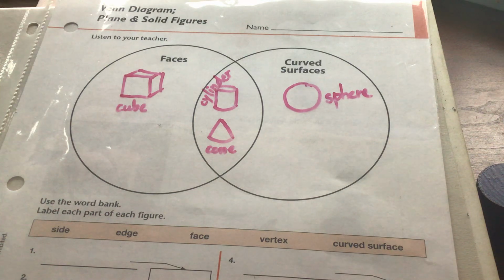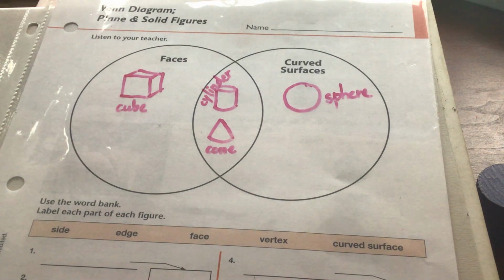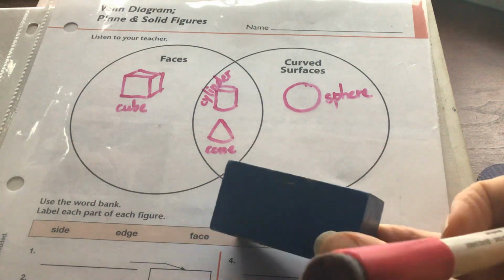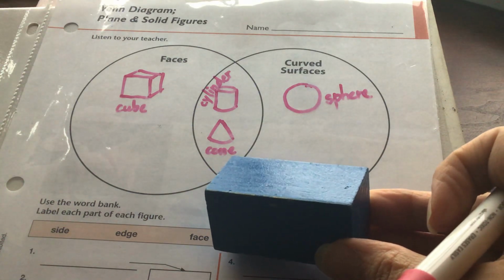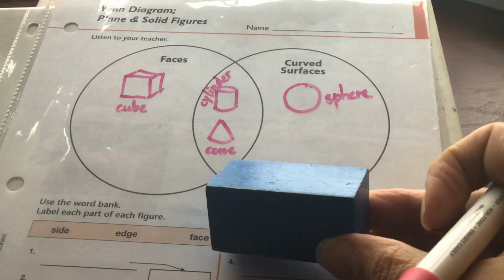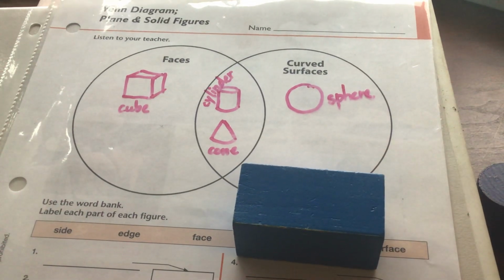All right, I can think of a couple more shapes. I found one. Another example, I have this shape, right? This is a, what? Do you remember? Rectangular prism, right? A big word, right?